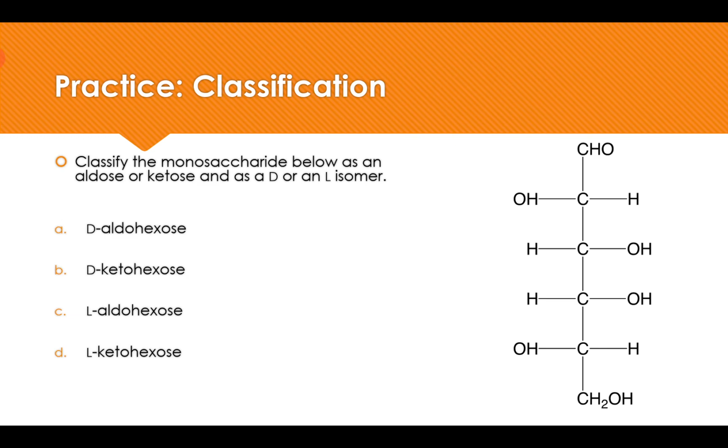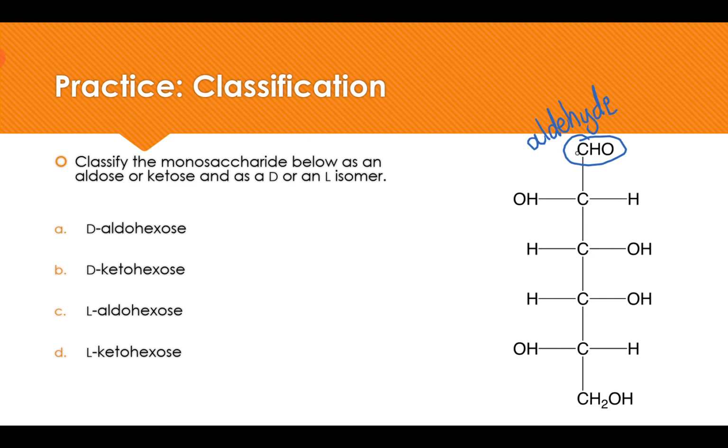Let's practice our classification. Go ahead and pause the video and solve this one, and unpause the video when you're ready to check your answer. Let's see. This is an aldehyde. I know that because it's at carbon number 1 and it's a CHO.